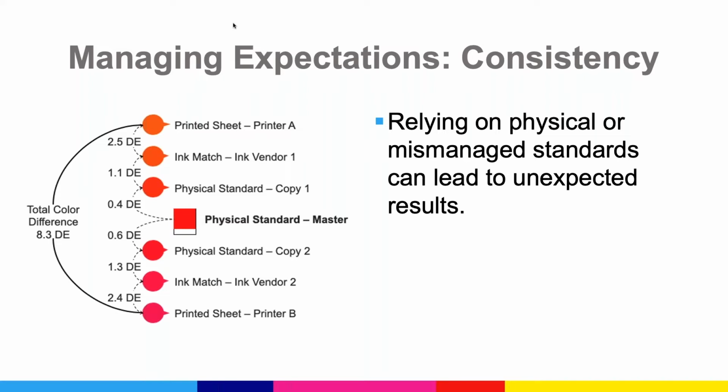So what do we mean by that? Well, the big thing is when we get out and we specify color, we might communicate that physically or digitally. When we do that physically, and this gets back to looking at my fan deck versus your fan deck, and I'm going to match, and then I'm going to match your match, it's really making a copy of a copy.